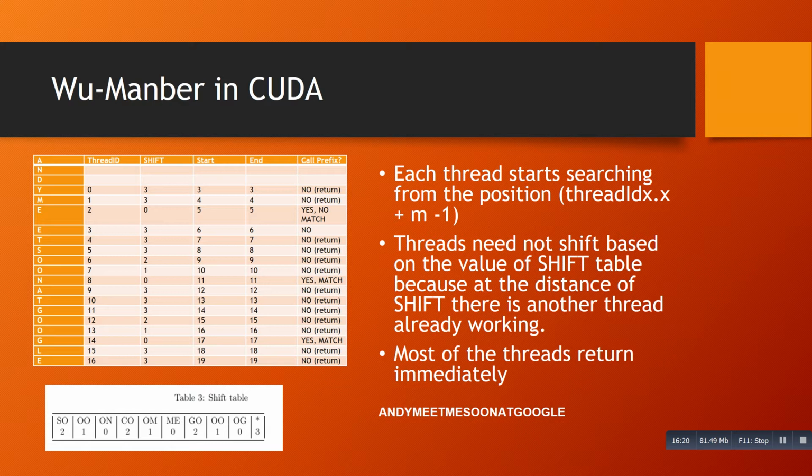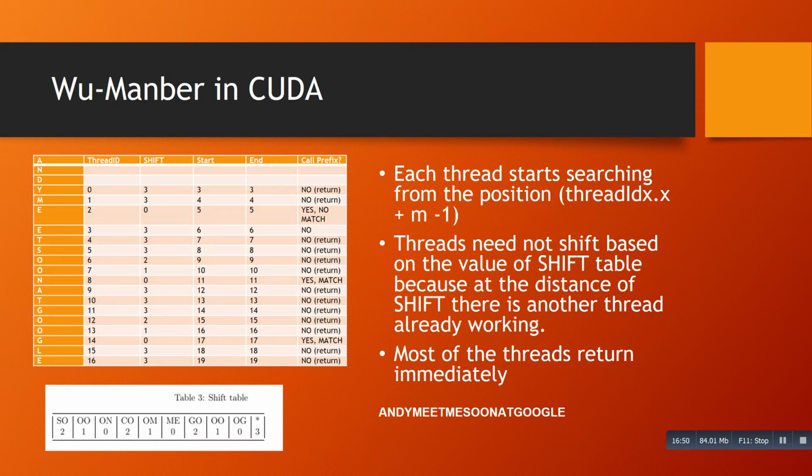Most of the threads return immediately because they don't have any characters to match against the pattern. So we look into the shift table, which determines if the suffix of the text matches that of the pattern. If the shift table says no, the shift is 0, if it doesn't match, then we just stop searching.